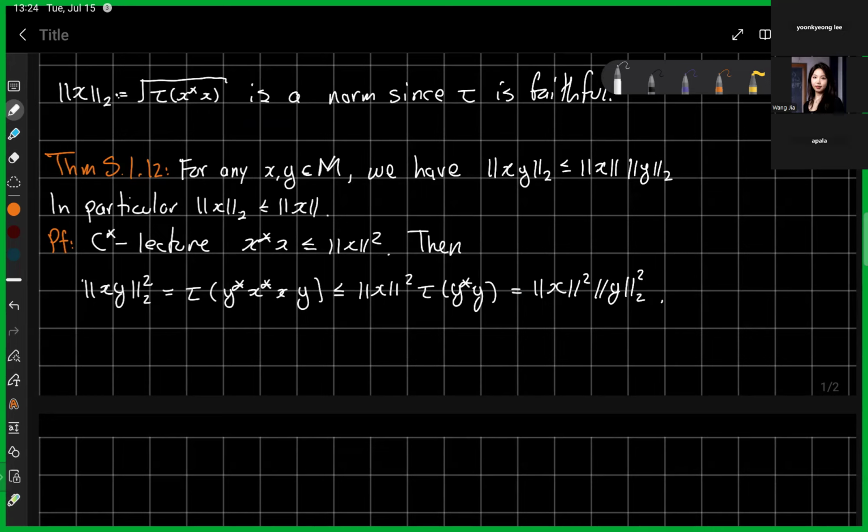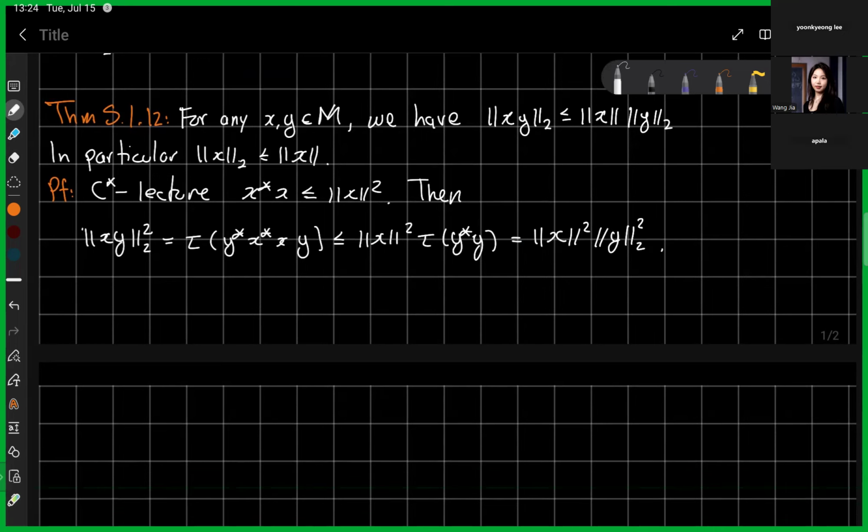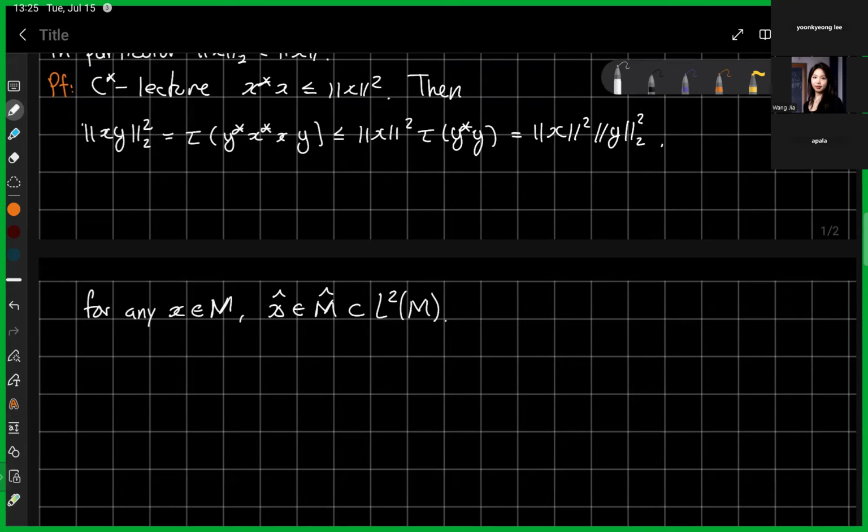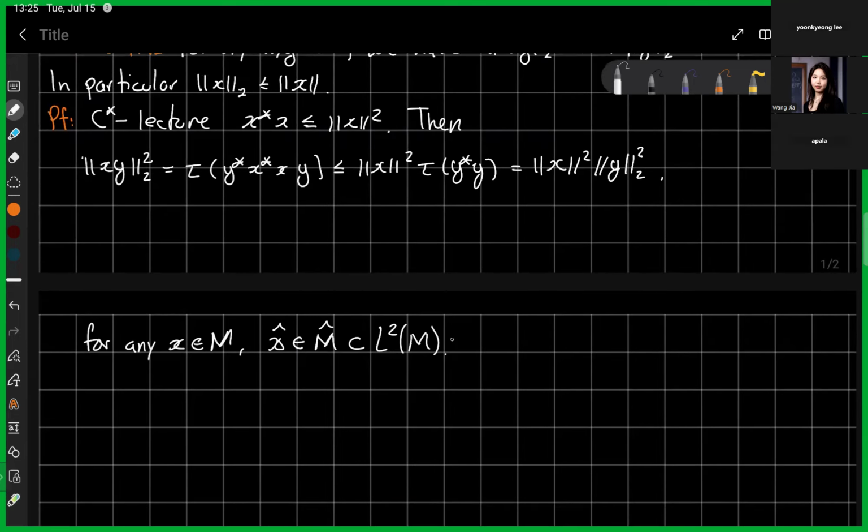The first thing I want to note is that for any x in M, we will denote the vector by x hat, and this lives in the GNS representation. In other words, the GNS space contains M, and in particular, because of the result above, we also have a representation.